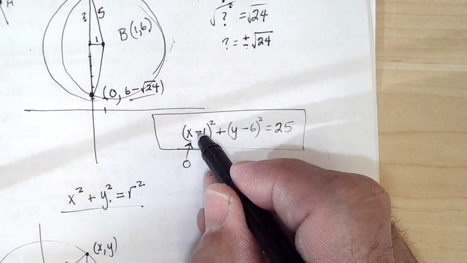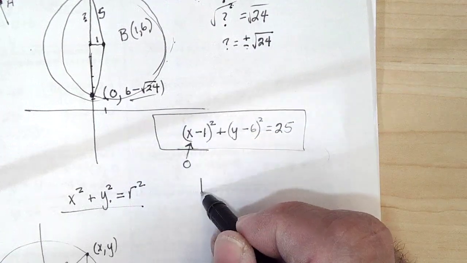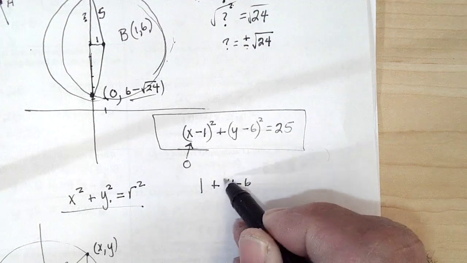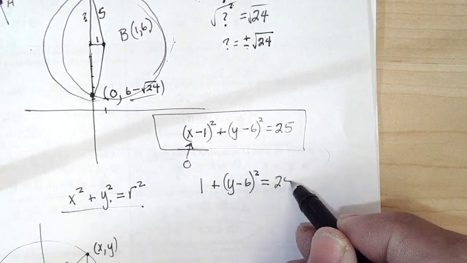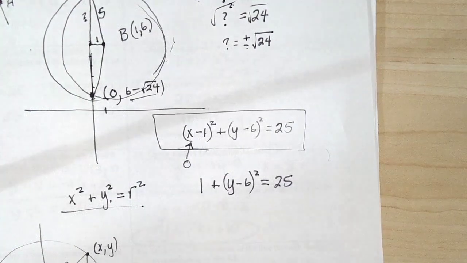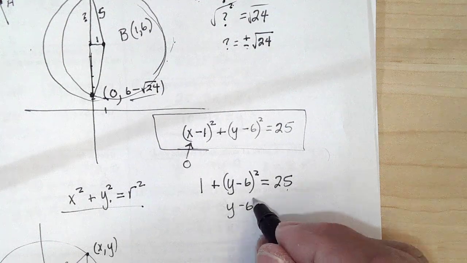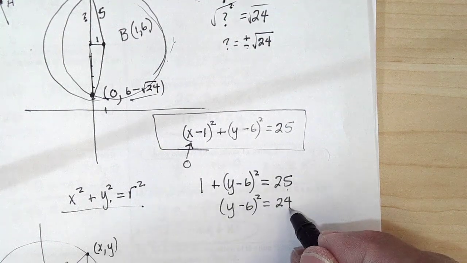So I'd have 0 minus 1, which is negative 1 squared, which is 1, plus y minus 6 squared equals 25. Subtract 1 from both sides, and we get y minus 6 squared equals 24.